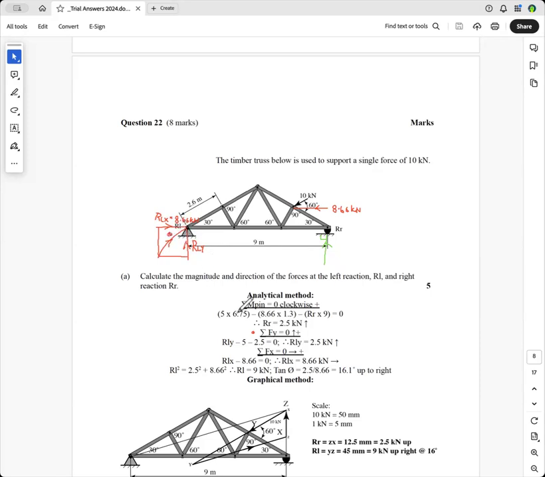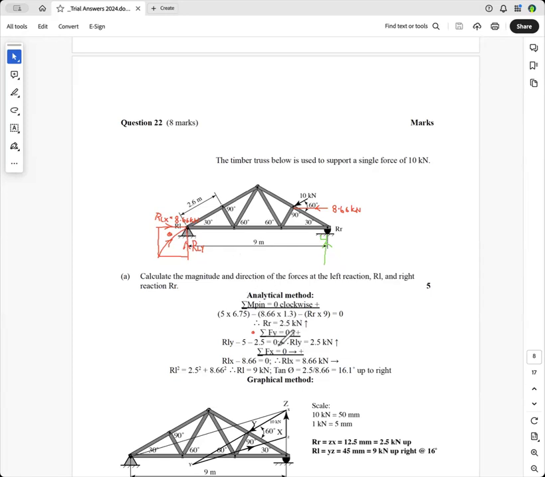Okay, so to find RLY, you can say the sum of the vertical forces, like I've done here, and you get 2.5 going up. Sum of the horizontal forces, you don't have to do this. I've just done that there.